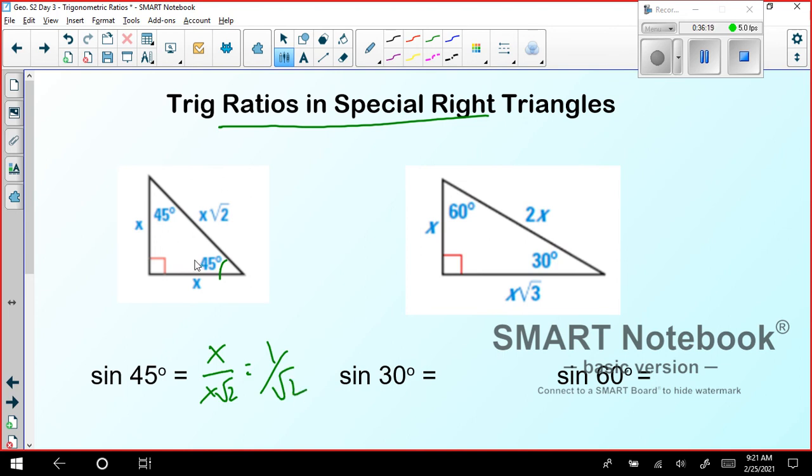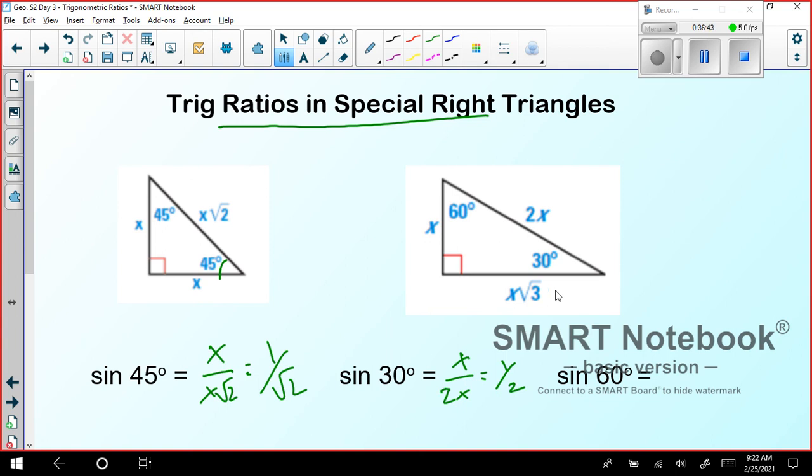Because we already know the special right triangles, from those we can find sine 45, sine 30, sine 60. You want to find sine 30, so go here. Sine 30 is nothing but opposite over hypotenuse, which is x over 2x. That gives us 1 over 2.